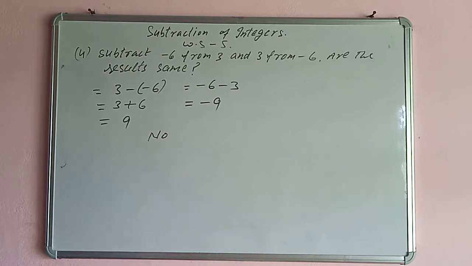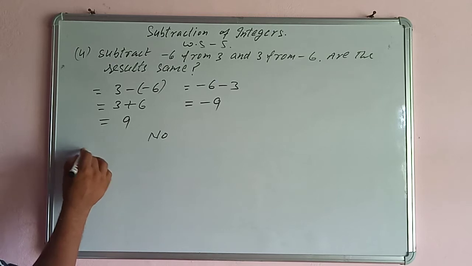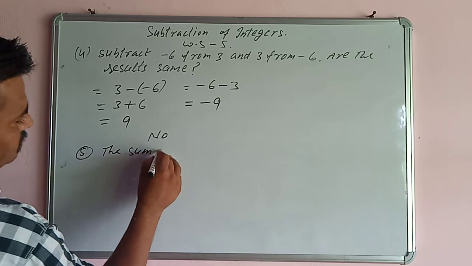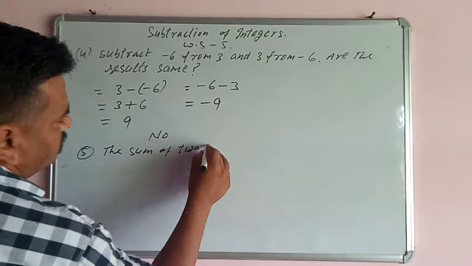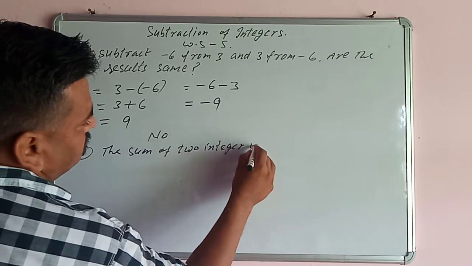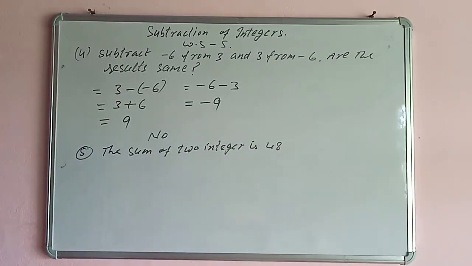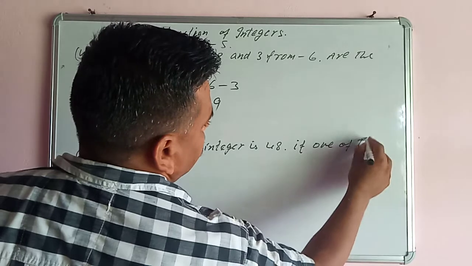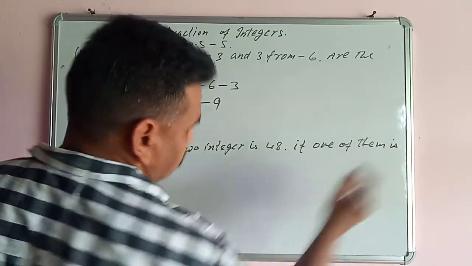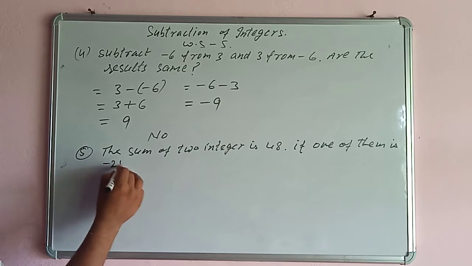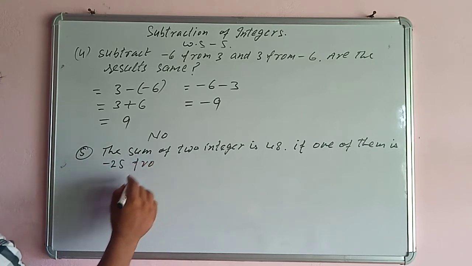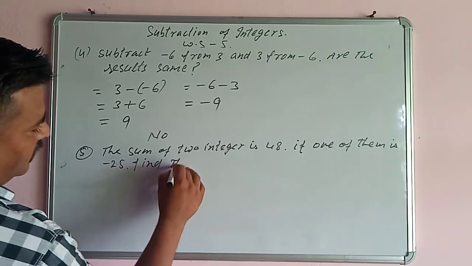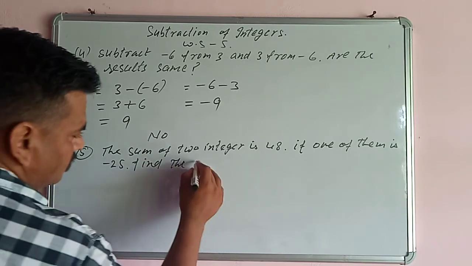So next question is question number 5. The sum of two integers is 48. If one of them is minus 25, find the other.